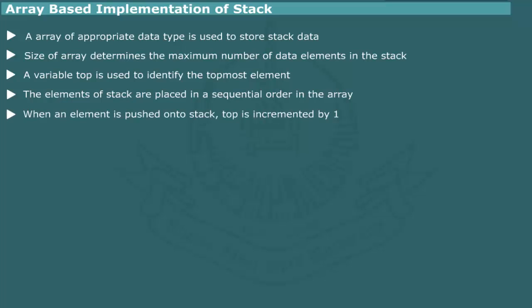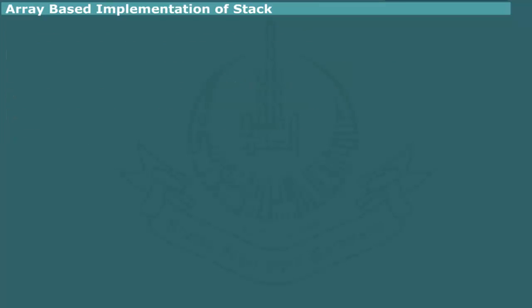When an element is pushed onto the stack, the value of variable top is incremented by 1. An incoming element is placed in the array cell with the new index top. Likewise, when an element is popped off the stack, the array cell currently identified by top is accessed and returned, and top is decremented by 1.